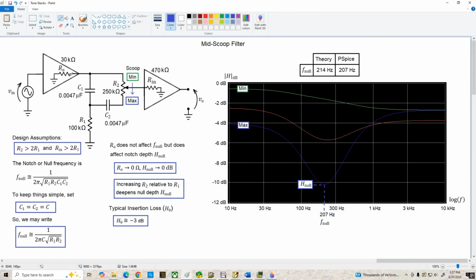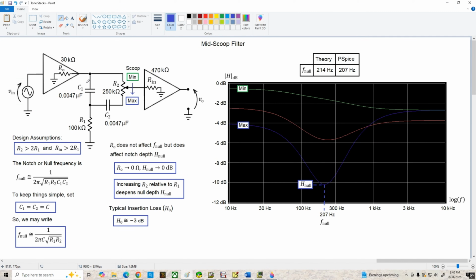But the circuit's relatively insensitive to changes in output resistance, so it's going to work the same way for a 12AU7 based amplifier with low output resistance as it will for a 12AX7 based amplifier with a high output resistance. And I'll demonstrate this characteristic in a bit when we do some PSpice analysis.